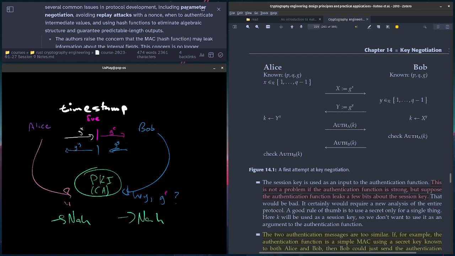Alice and Bob might choose to use an ephemeral key. So they might sign the message with their long-lasting or long-term key, but instead of using their long-term key, X might be their ephemeral key. So this might be more than just G^X in this case.